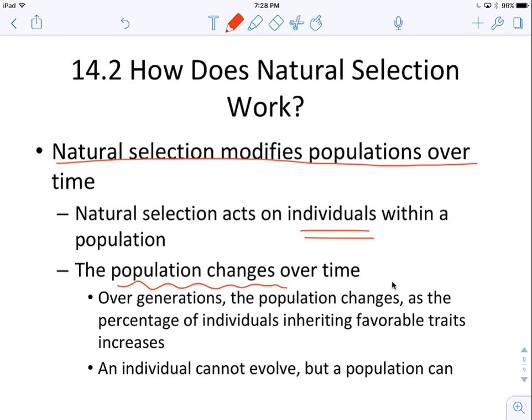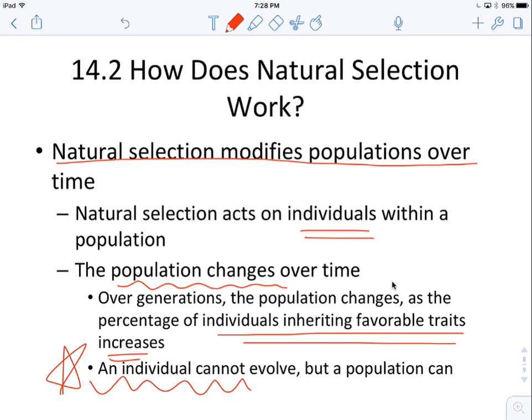So the percentages of individuals inheriting favorable traits will increase. And this is a big deal right here. You have to remember this. Individuals cannot evolve, but populations can evolve. And we'll talk about population evolution in the next chapter.